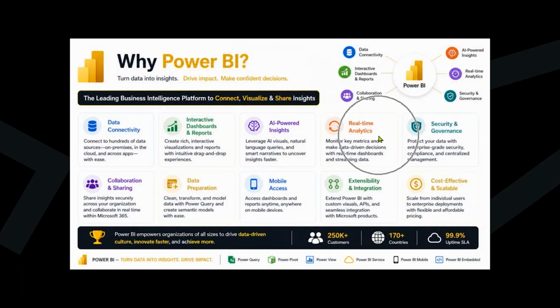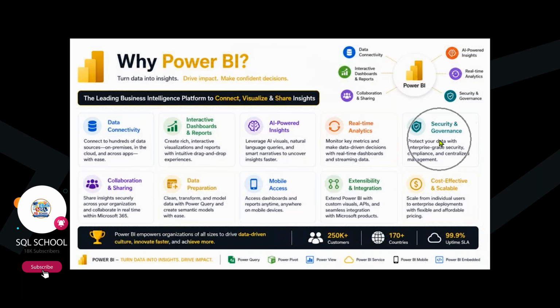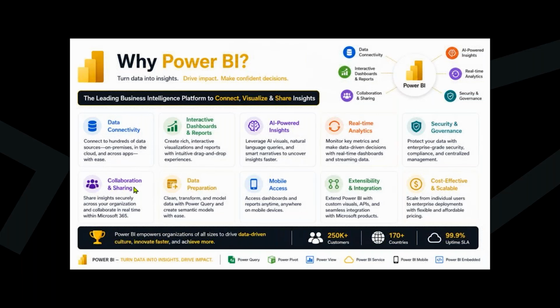Live real-time analytics are possible. Using Power BI, we can implement security and governance activities, and easy collaboration and sharing to Microsoft users, non-Microsoft users, both, including public users. We can share Power BI items.